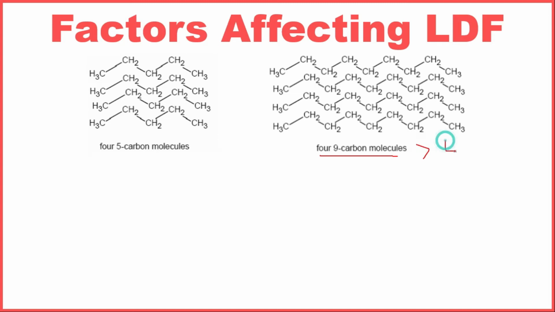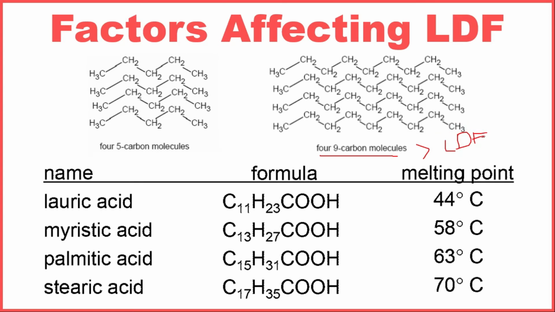LDF, right? So this is the same with fatty acids. As the number of carbons increases in a series of fatty acids, the melting point increases. Okay? Look at the number of carbons: C11, C13, C15, C17. This is because as the number of carbons increases, the chains get longer.